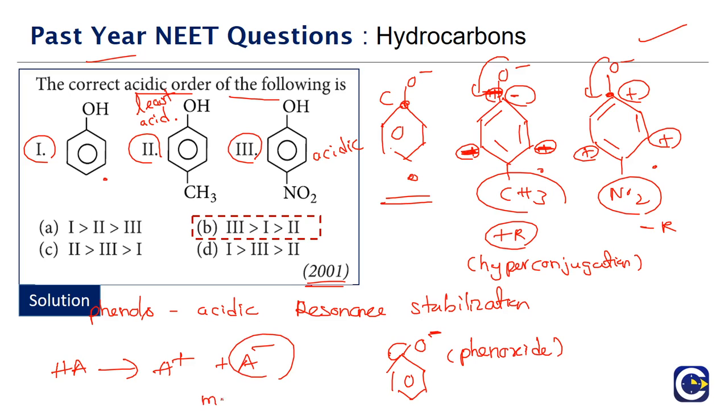If A minus is more stable, it means the corresponding acid can easily undergo that dissociation, so the acid is going to be a strong acid. So this is one of the methods that we can use to explain the stability of the acids.